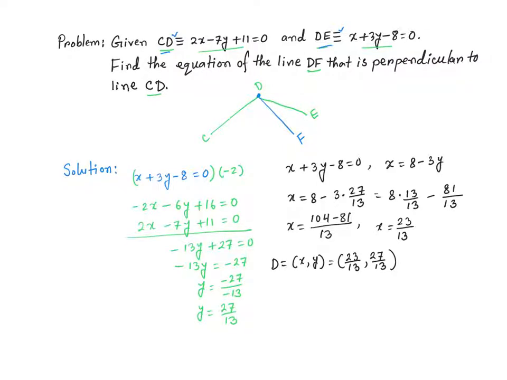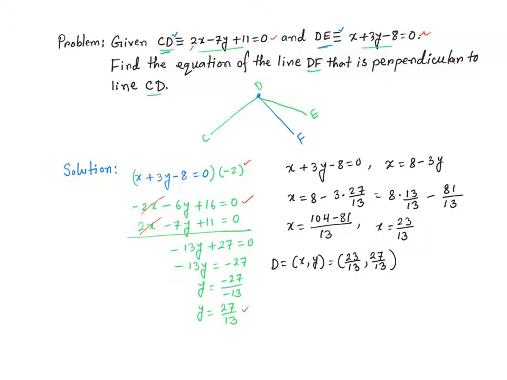To find the coordinates of point D, I solve the given equations, this one and this one, using the elimination method. So what I have done here, I have taken this equation DE, x plus 3y minus 8 equal to 0, and multiplied both sides by -2. Then I get this equation, and I add this equation with this one, 2x minus 7y plus 11, and solve for y, because -2x and positive 2x cancel out, and then I have one equation with one unknown.